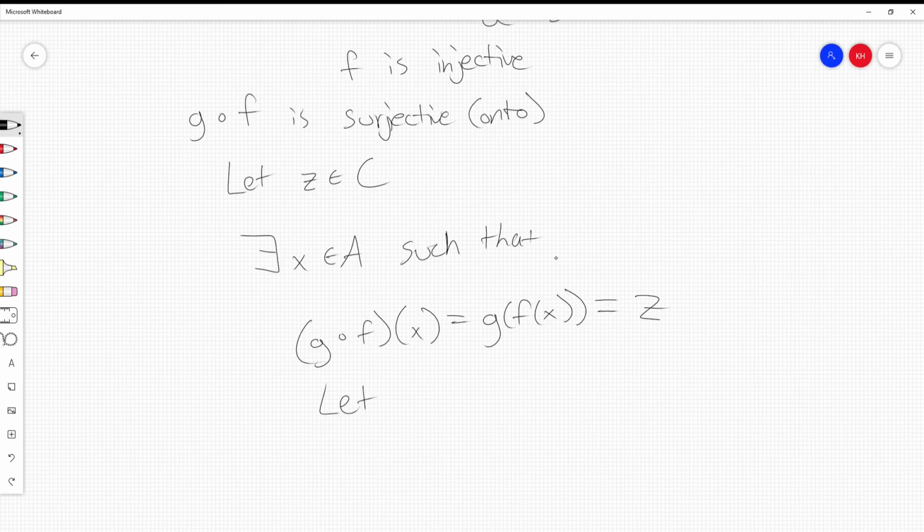Let y equal f of x in B. So this is like the output of our function of x. Then g of y is equal to z.